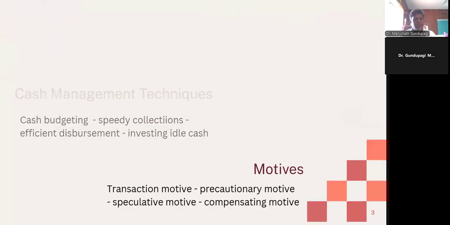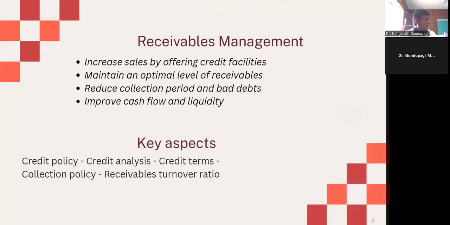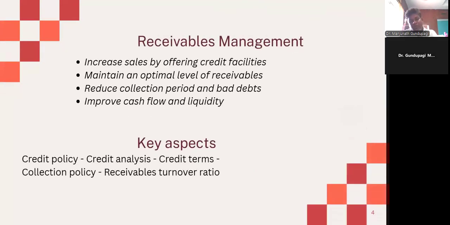Now we will look at certain key aspects, like the motives for holding cash. The four important motives for holding cash. One is the transaction motive, basically to meet routine expenses, so for that purpose we hold cash.